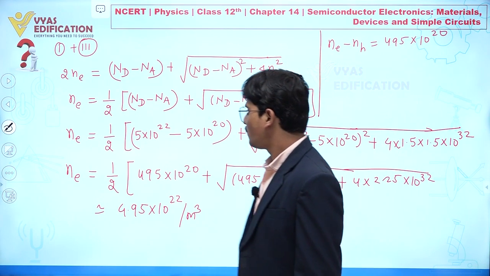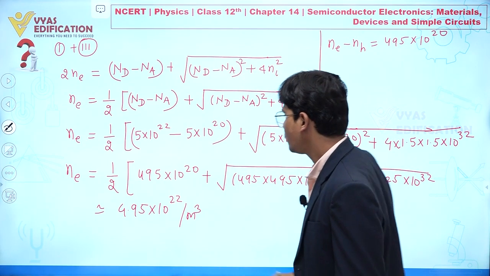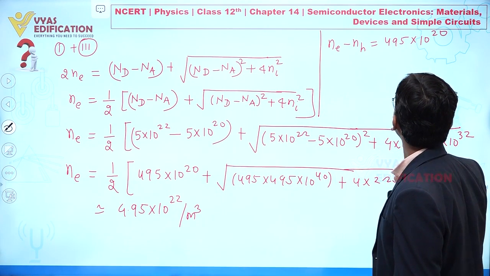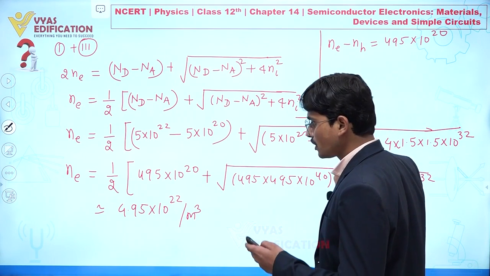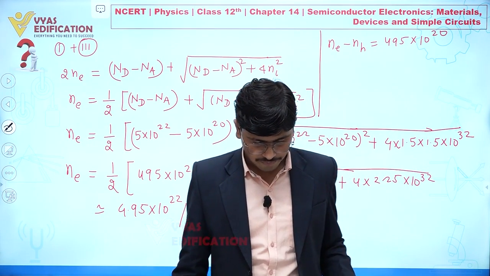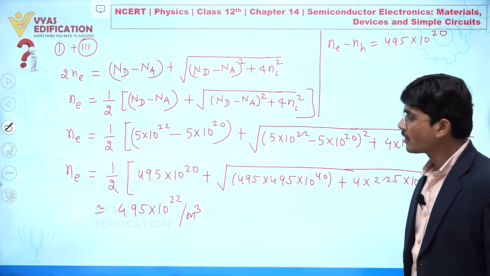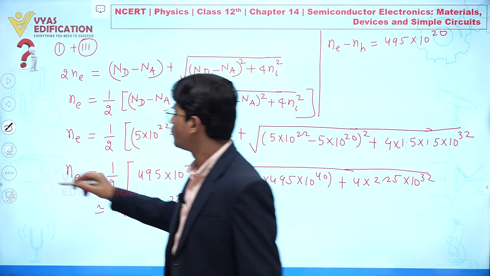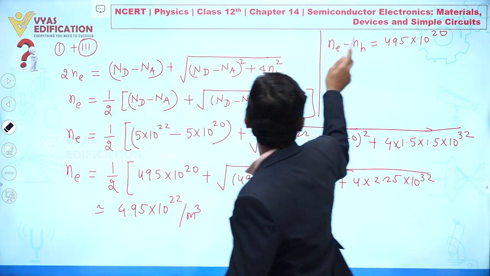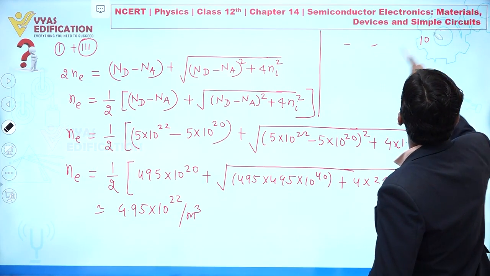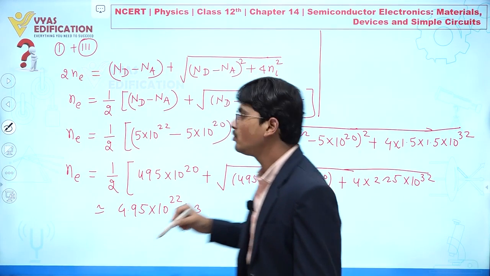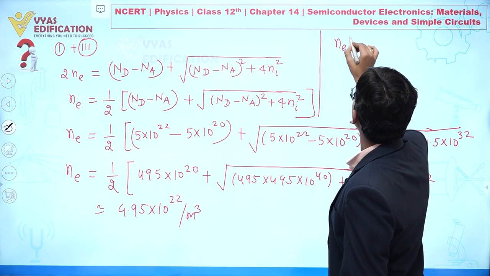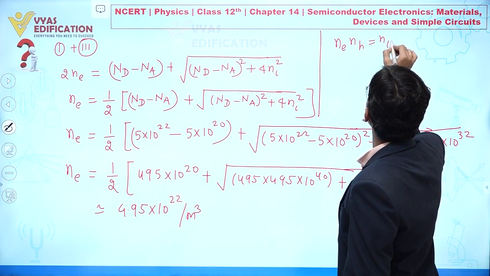Now what is the value of Ne we are getting? This is 495 into 10 to the power 20, near about. Yes or no? Clear? You are getting this value Ne. And you can find the value of Nh by a very simple calculation. Ne Nh should be equal to Ni square.